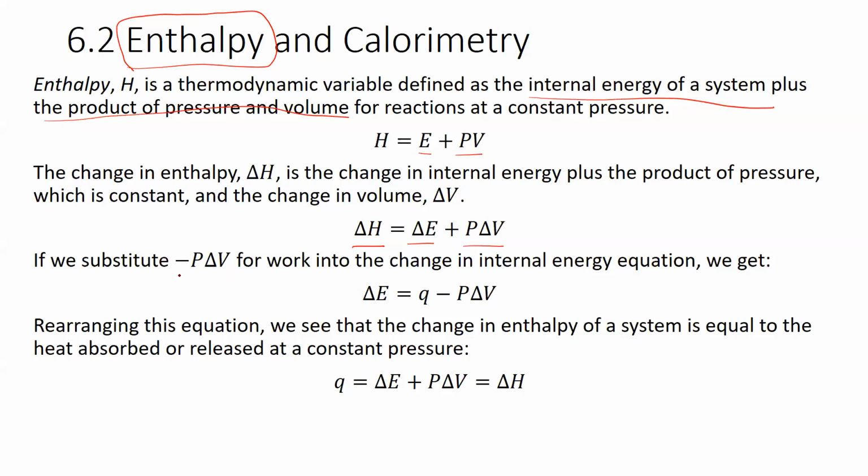If we substitute in the minus P delta V and rearrange this equation, we can set it up for the change in internal energy of the system, which is equal to Q, the heat, minus P delta V. If we look at the equation we saw before, where the change in energy of a system is equal to Q plus W, which is equal to Q minus P delta V, and you rearrange that, you get Q is equal to the change in internal energy of the system plus P delta V. That's going to be the change in enthalpy of the system.